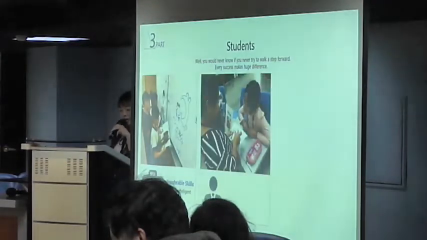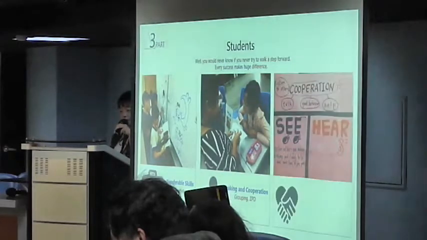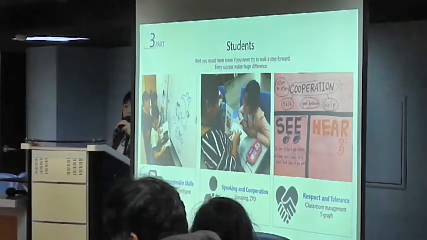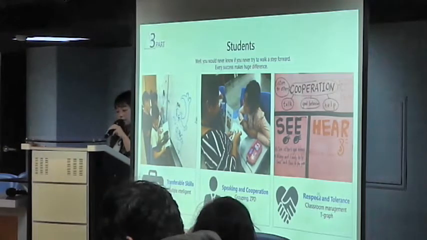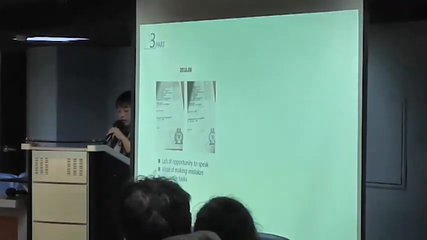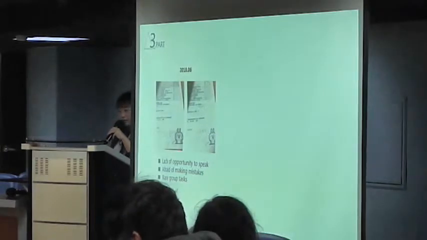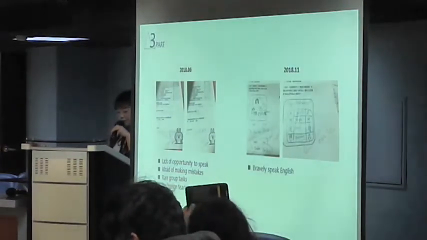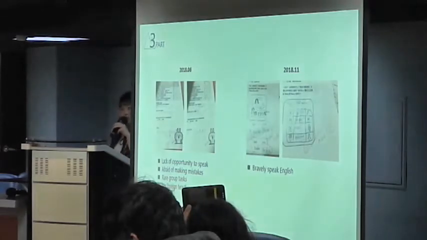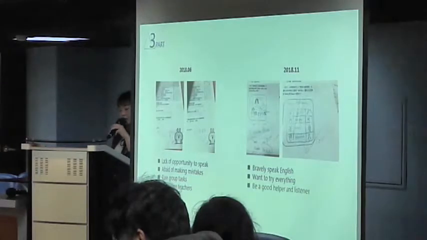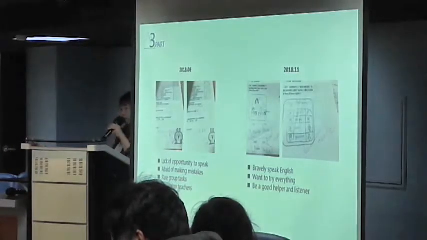So I give my students a lot of opportunity to try any possibilities, such as transferable skills and speaking cooperation. Also, I tell them to respect and tolerate others. So yeah, before, students were afraid of speaking, writing, reading, and they didn't want to speak English, but now they feel very confident to speak English, and they are able to talk to the foreigners.